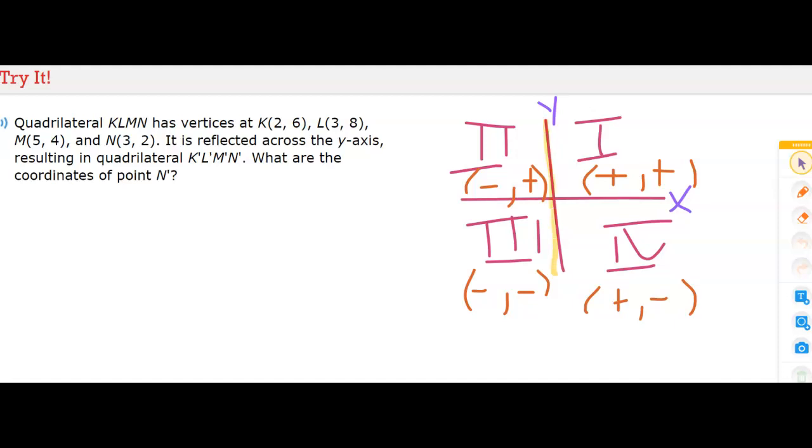If we reflect it onto this side of the y-axis, my quadrilateral is now in quadrant 2, where my x is negative and my y is positive. So that means my N' should be (-3, 2).